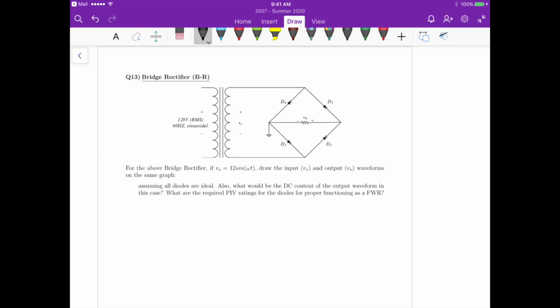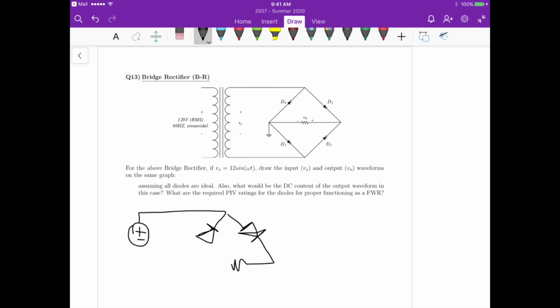So for this particular problem, we know that, well, let me draw the circuit. So we have Vs here, right? Then we have a diode here, another one here.